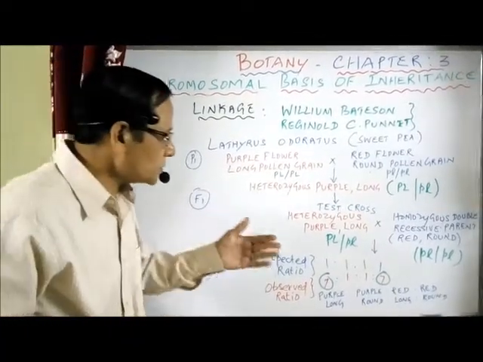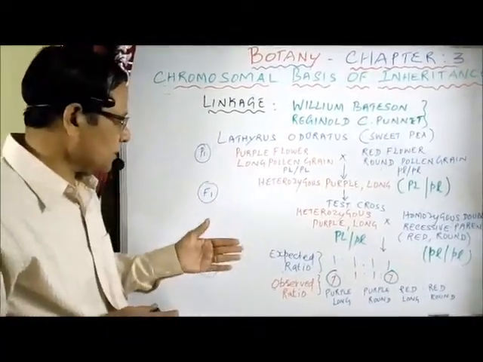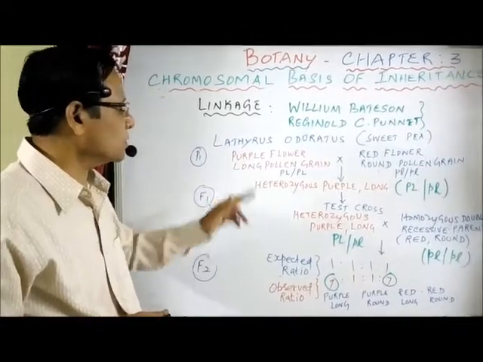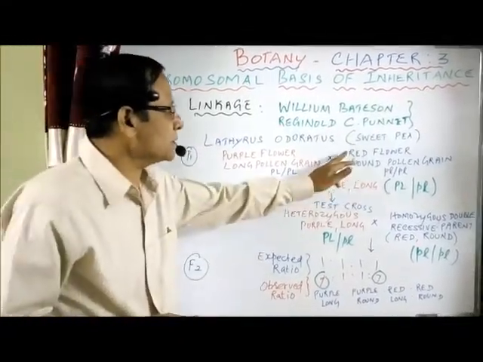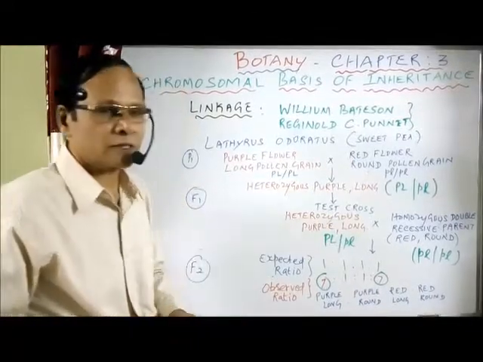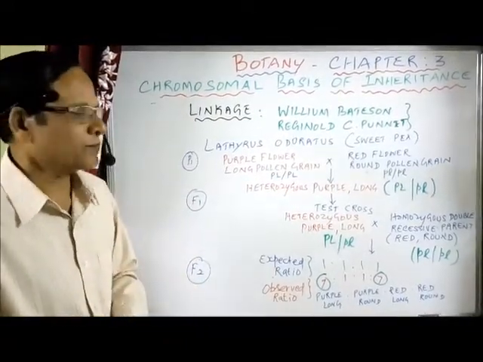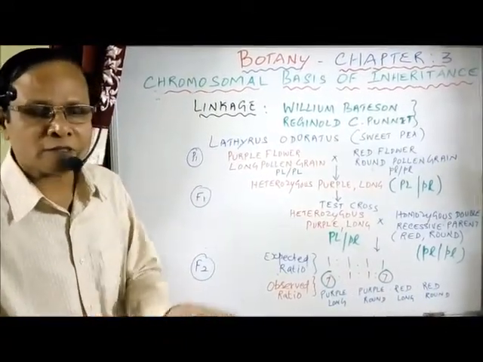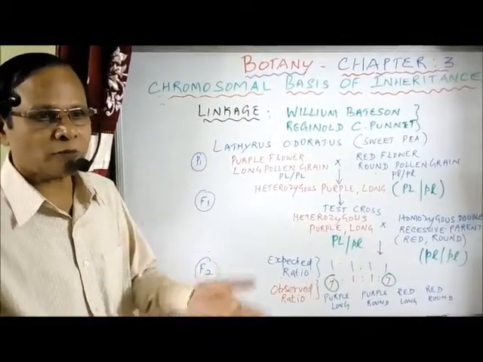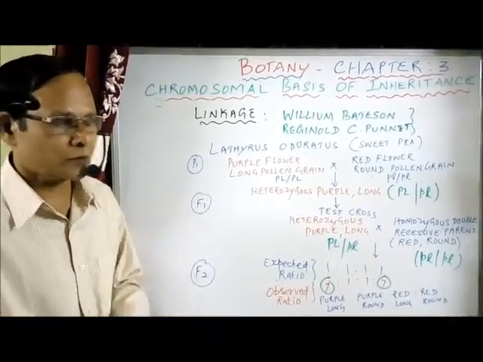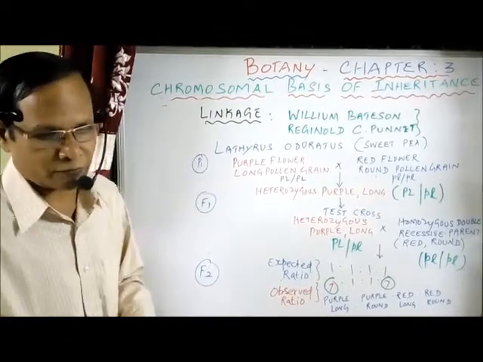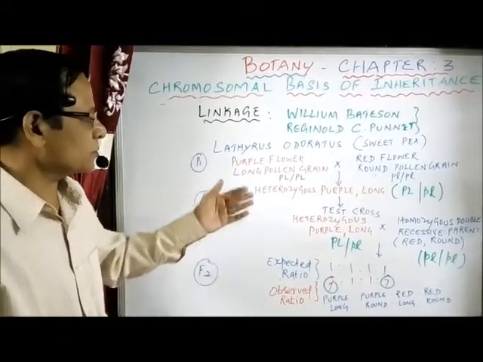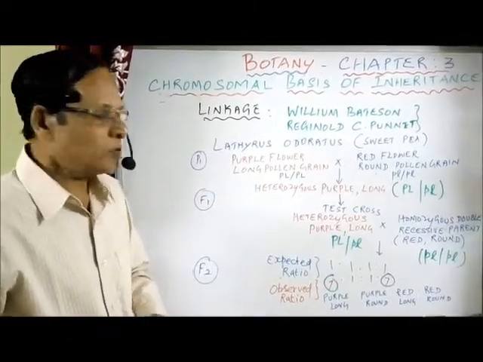So they concluded that the genes for purple flower and long pollen grain, and the genes for red flower and round pollen grain, were found close together in the same homologous pair of chromosomes. That's why they are outnumbered. And what is the reason for that?